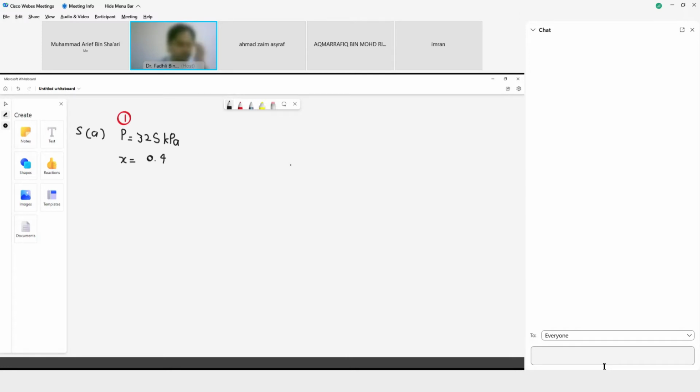And then for step number 2, as I said just now, draw a PV or TV diagram. Here pressure is given, so we draw a TV diagram.